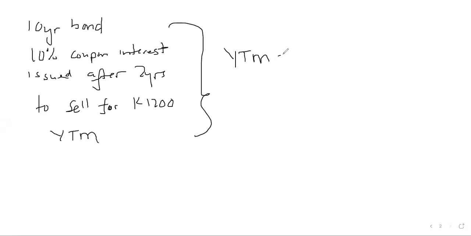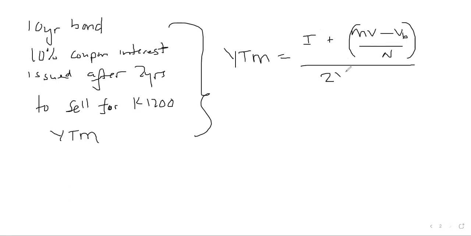What's the formula for the yield to maturity? The coupon payment plus the maturity value minus the value of the bond over N, then divided by this formula here.